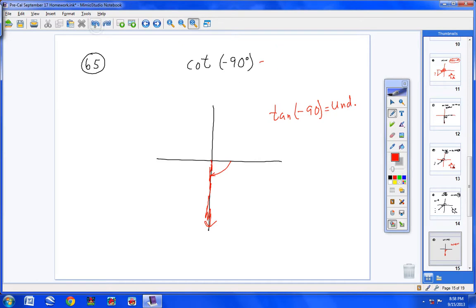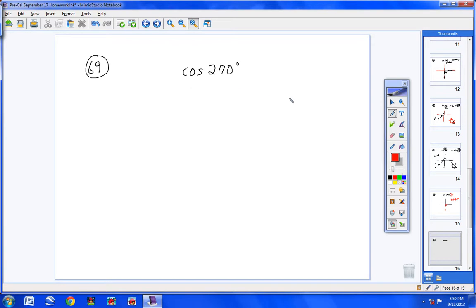So going backward is also the same. If I have undefined for tangent, and I flip undefined, trust me, you get 0. So the cotangent of negative 90 will be 0. That is correct.